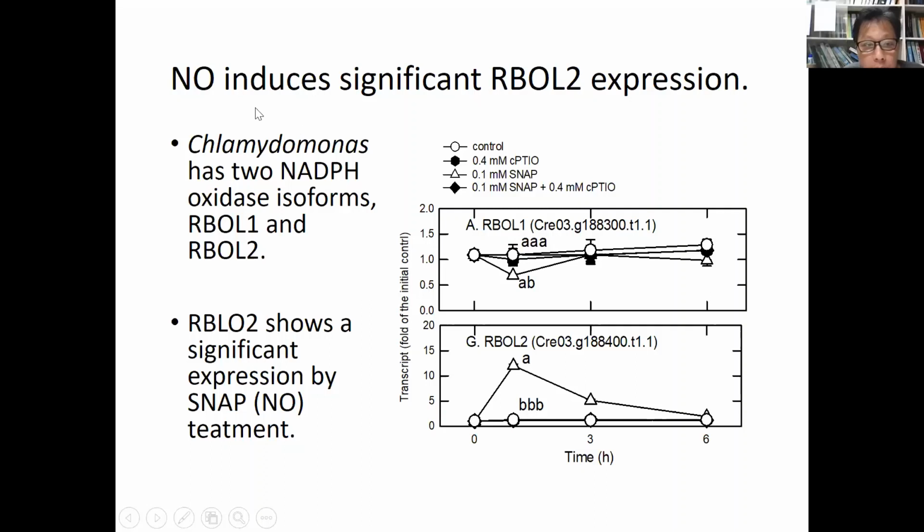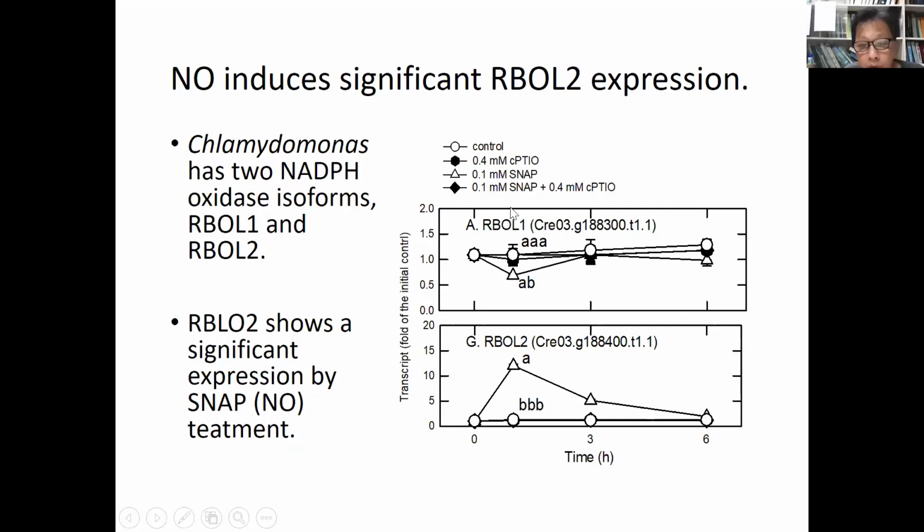And we also found that NO can induce significant RBOH2 expression. What is RBOH2? We found in the Chlamydomonas genomic data bank there are two NADPH oxidase isoforms, RBOH1 and RBOH2.